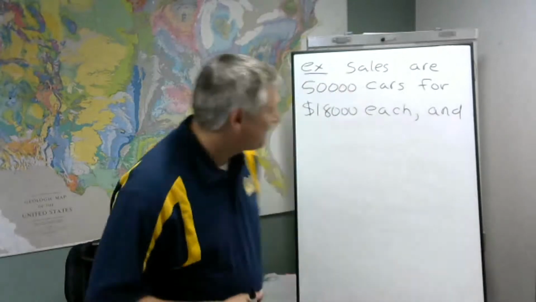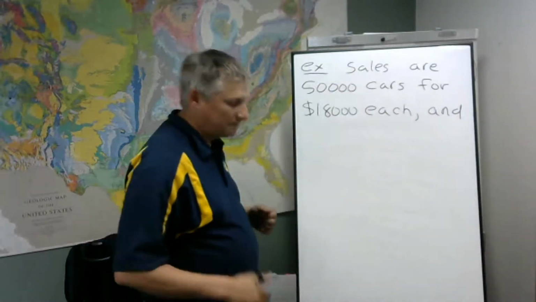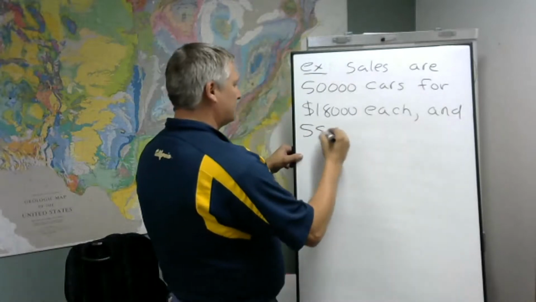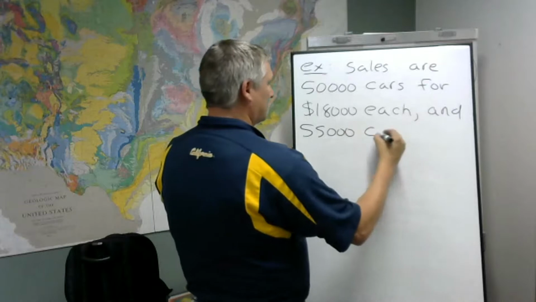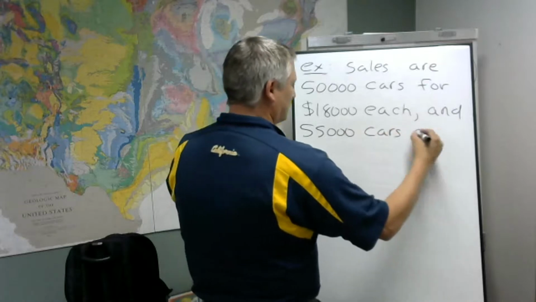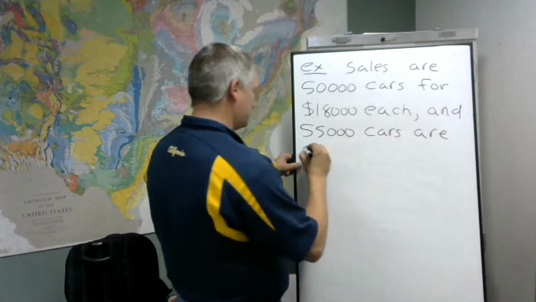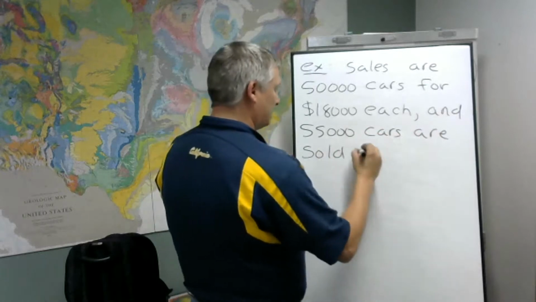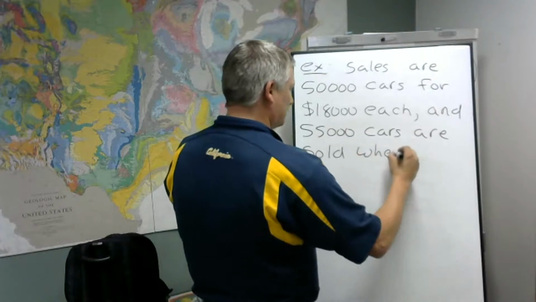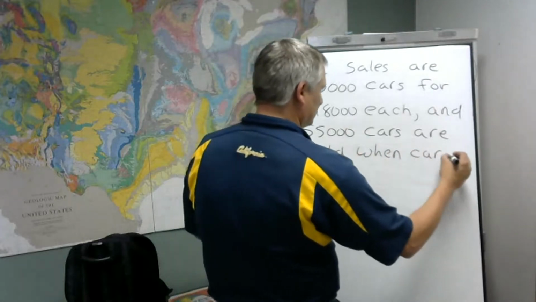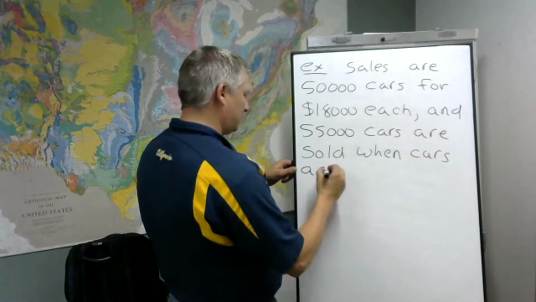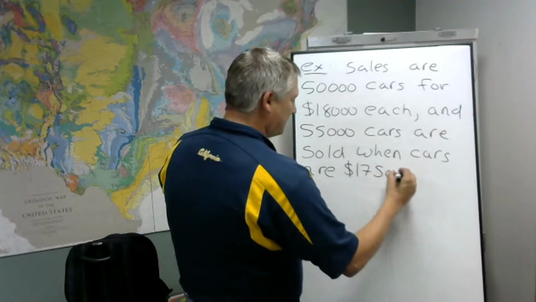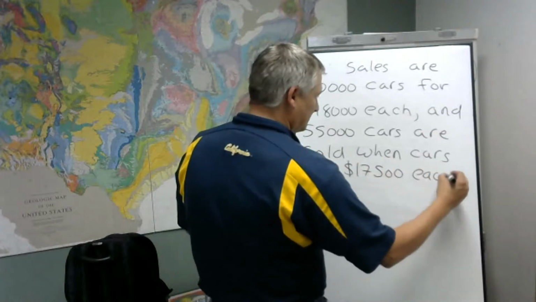So now let's say we lower that price. What it turns out to be is 55,000 sold, if your cars are 17,500 each.